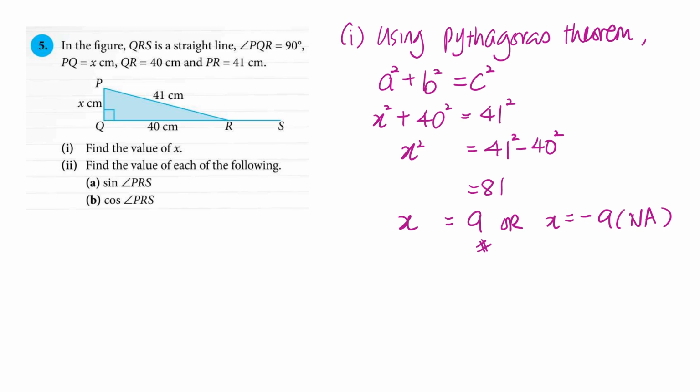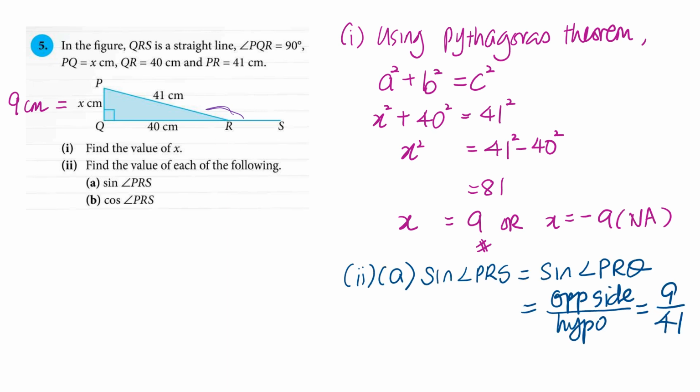For part 2, we're asked to find the ratio for sine angle PRS. If you look at PRS, it's an obtuse angle. Recall what we know about the connection between the ratio for sine acute and sine obtuse.